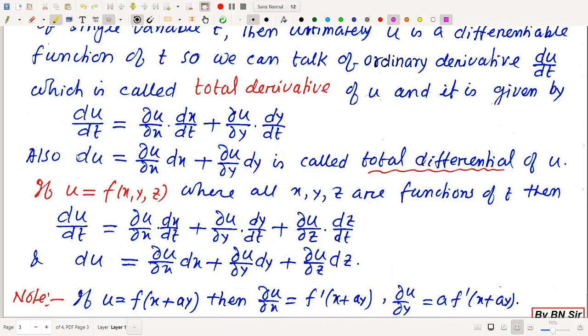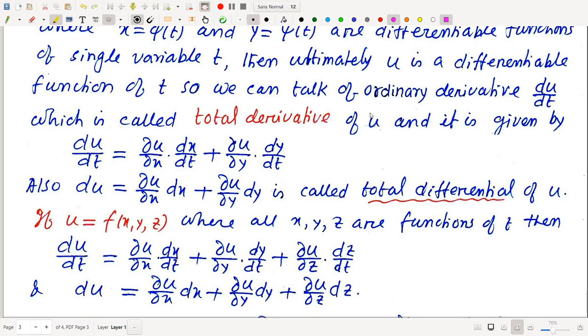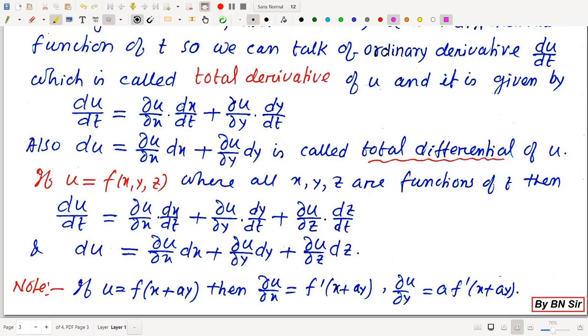And also du equals, if we multiply both sides by dt, del u by del x into dx plus del u by del y into dy. This is called total differential of u. Here the word total is used only to distinguish it from partial. Okay, total derivative du by dt, not partial.